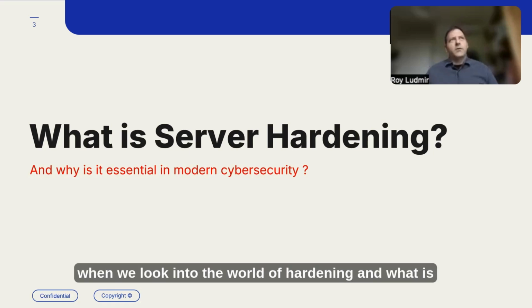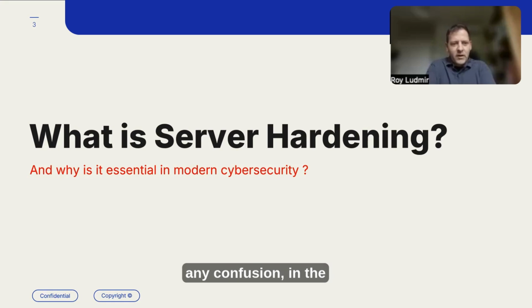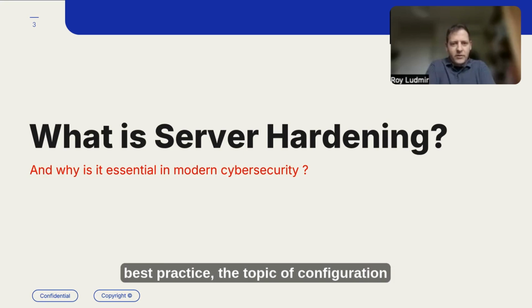So when we look into the world of hardening, or what is actually server hardening, just to avoid any confusion, in the base of probably every security framework or best practice, the topic of configuration hardening is coming up, and for a good reason.